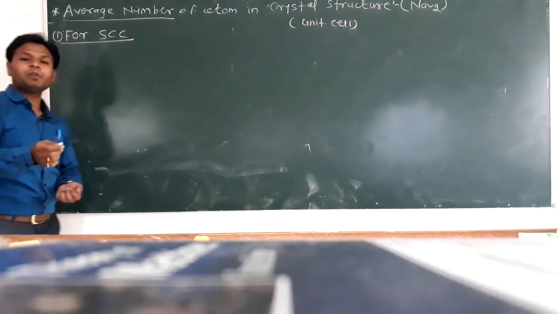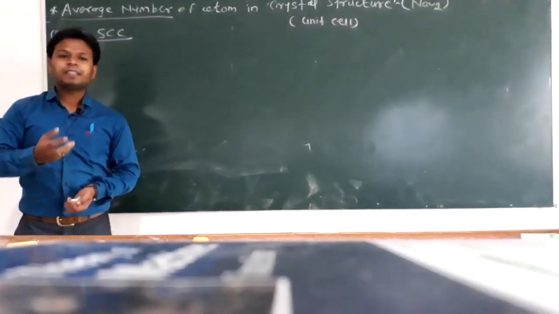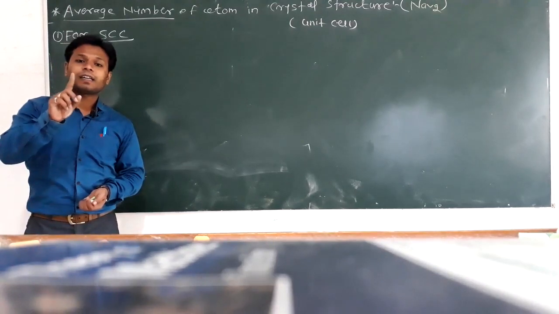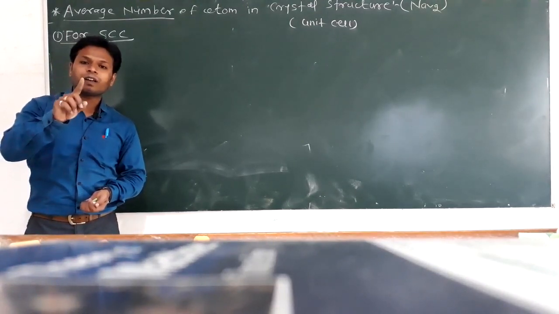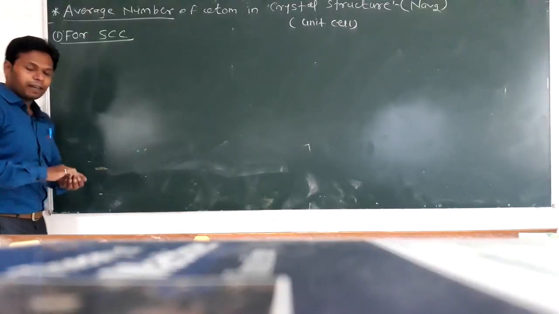Which crystal structure do we call simple cubic? There are 8 atoms placed at the corners, and that is known as a simple cubic structure. So what is the formula?